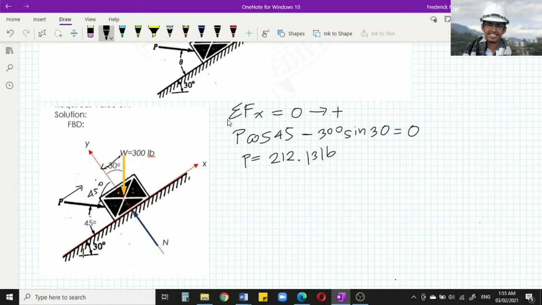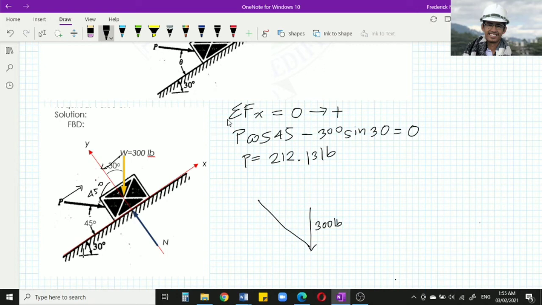So pwede tayong gumawa ng triangle gamit yung ating mga forces. So example, we have the downward force, or yung weight natin na 300 pounds. And i-connect natin yung point na to dun sa ating normal force. So upward siya.